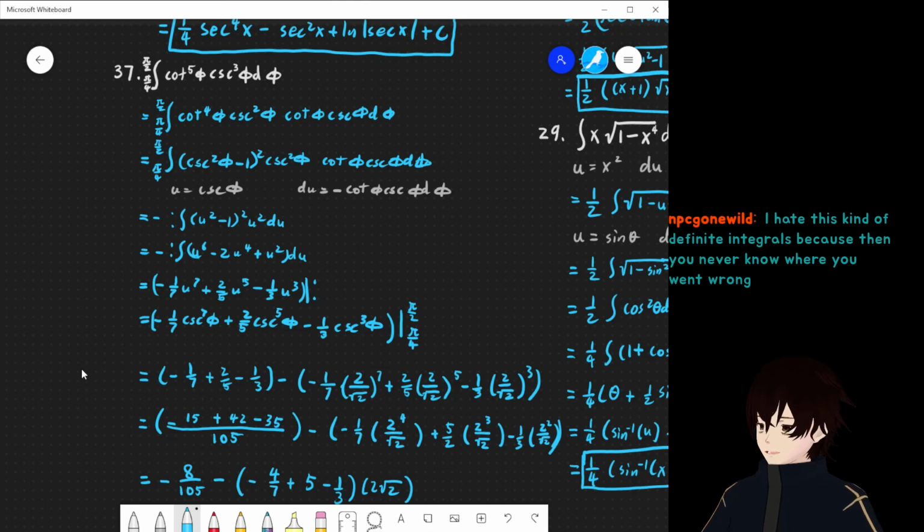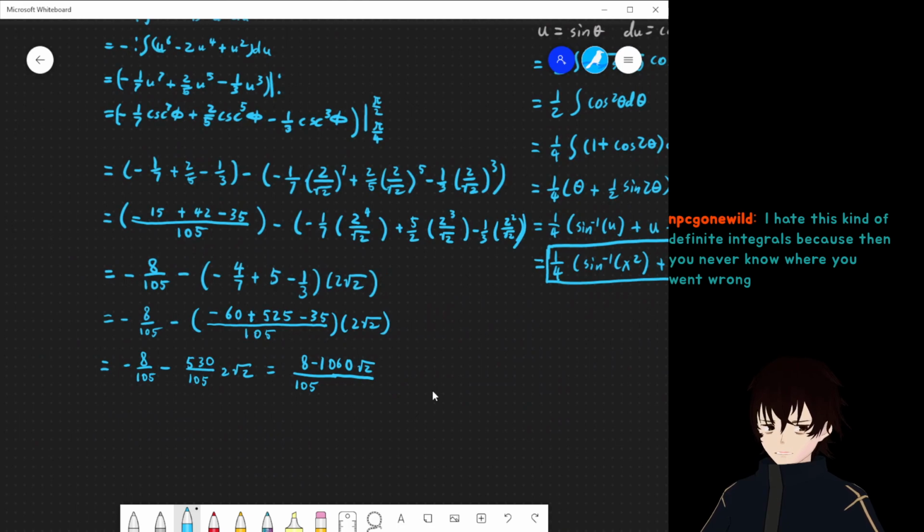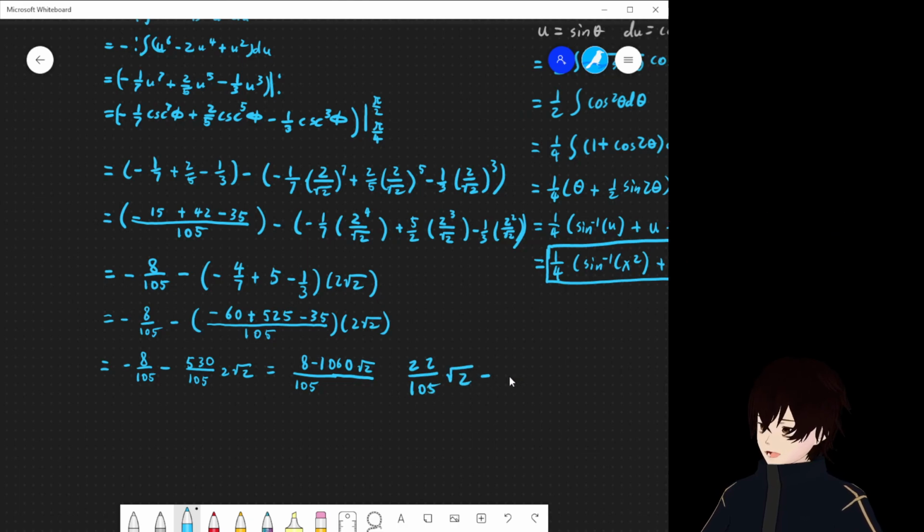This is 37. The answer to 37 is 22 over 105 root 2 minus 8 over 105. So, yeah, wrong. But some part of it looked kind of correct.